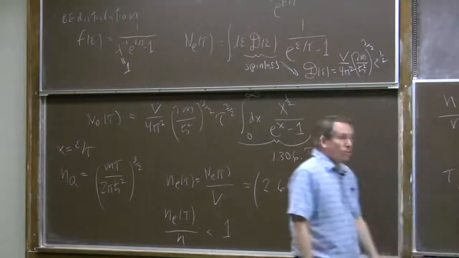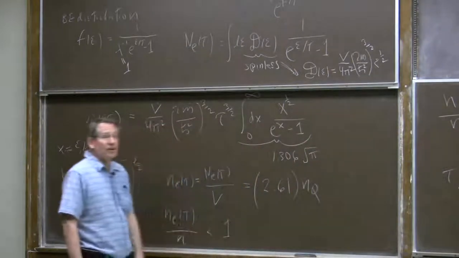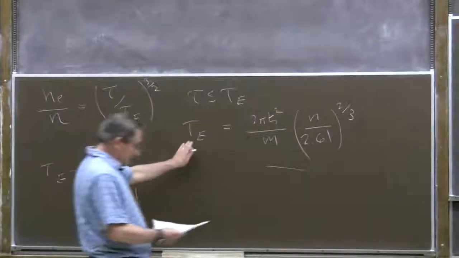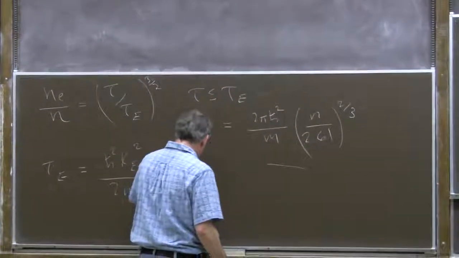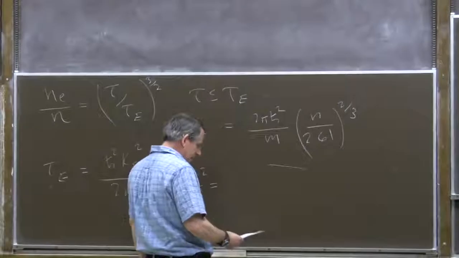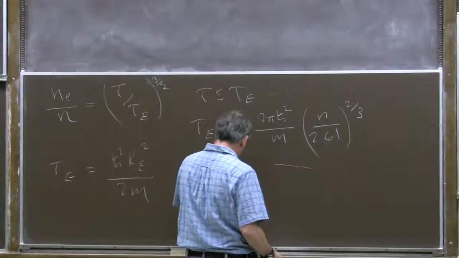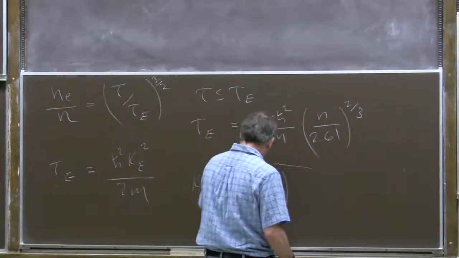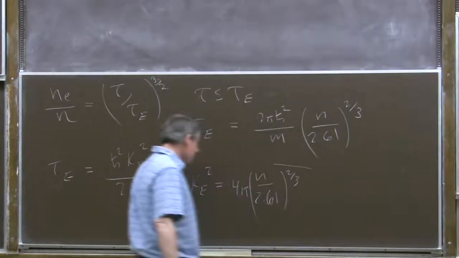So that's the thermal wave number at temperature equal to the Einstein temperature. So we can see from this formula that k Einstein squared is 4 pi n over 2.61 to the 2/3.